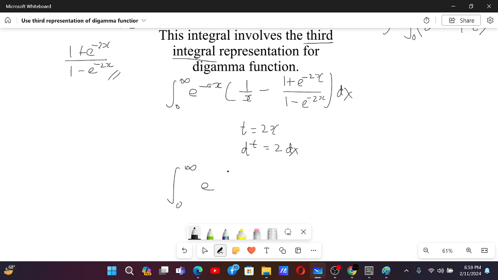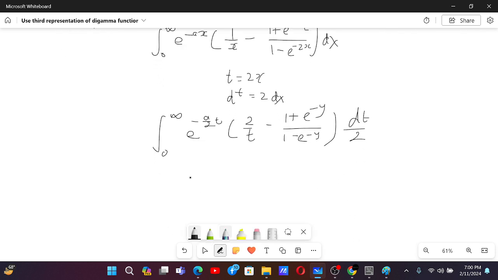Over here I now have minus a by 2 t, then 2 by t minus (1 plus e to the power minus t) by (1 minus e to the power minus t), and dx is dt by 2. Multiplying by 2, that gives us the integral from 0 to infinity of e to the power minus a by 2 t, times (1 by t minus this), and then the other thing is 1 by 2.